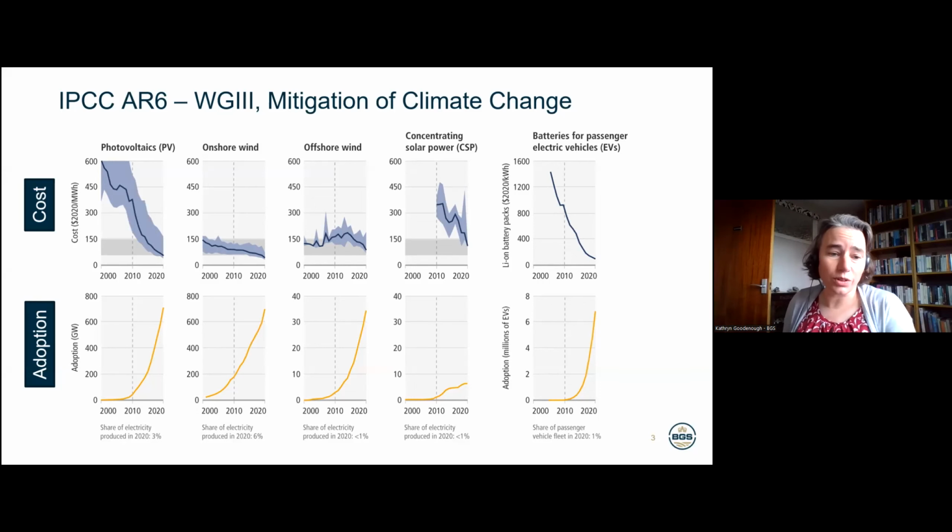And so the adoption is going up rapidly. We're looking at much more electricity across Europe in particular being produced by solar panels and by wind power, and much more use of electric vehicles.